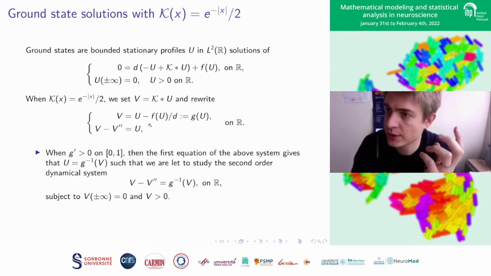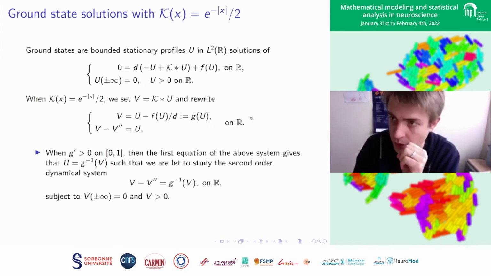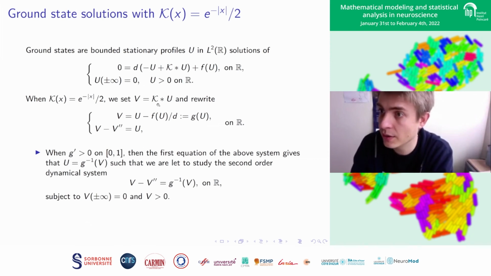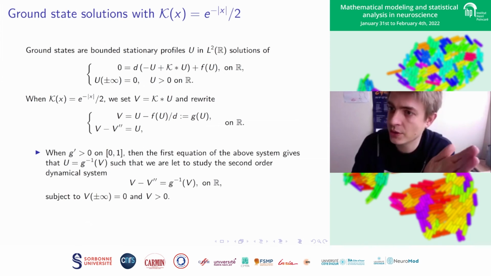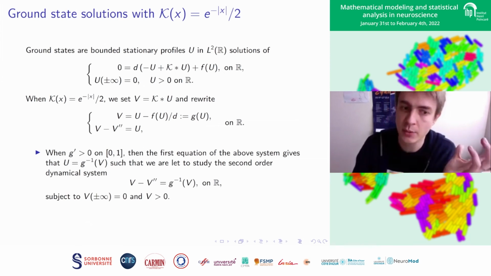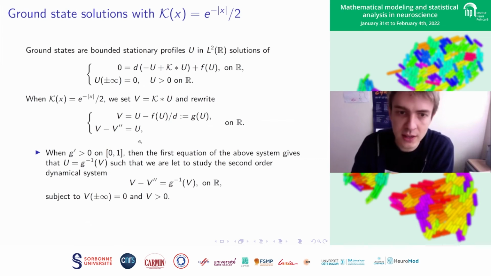In that case it's just second order. I've denoted V, the convolution of the kernel with U, being the actual solution. So for a stationary solution, you can do this transformation and you're back into a familiar setting.